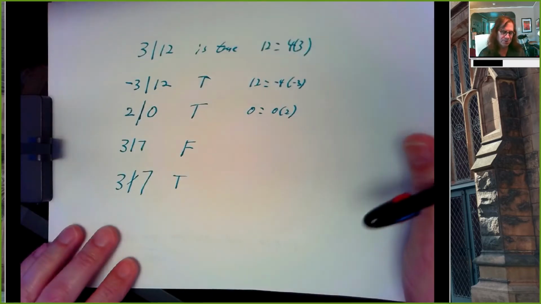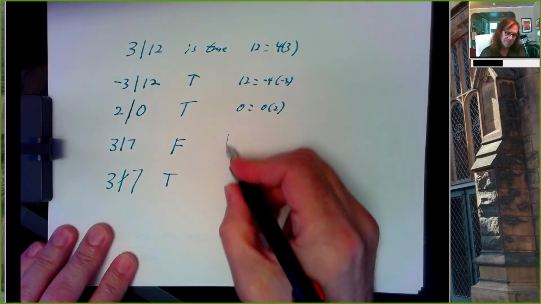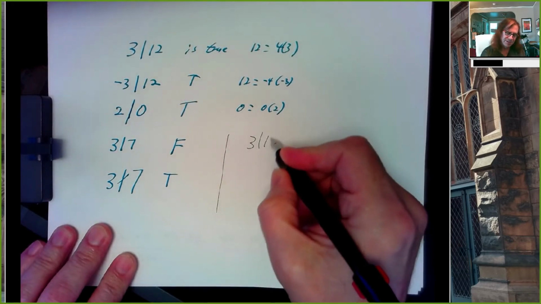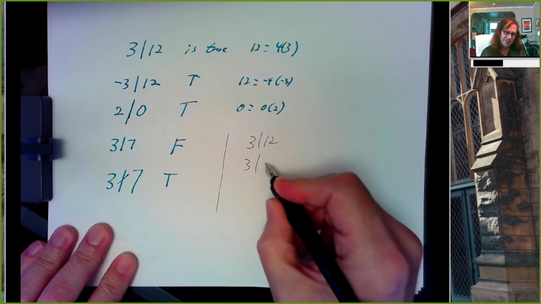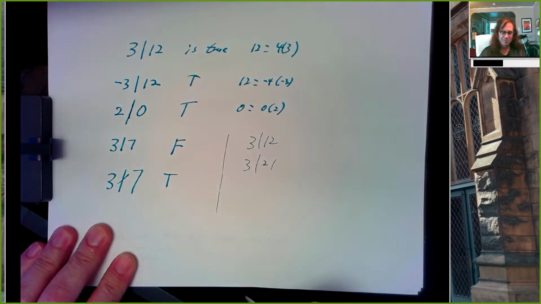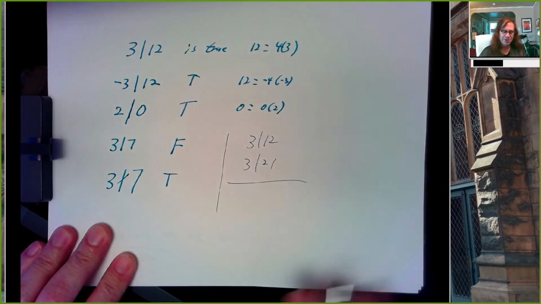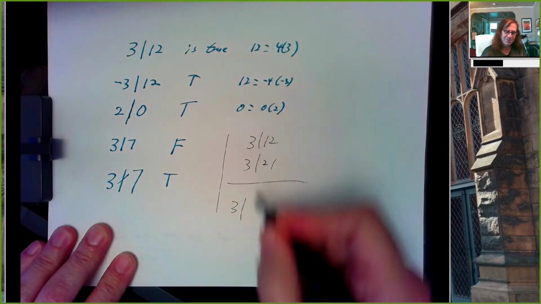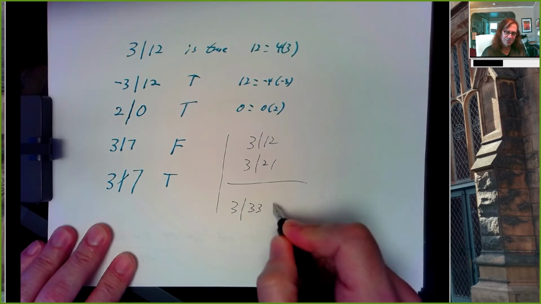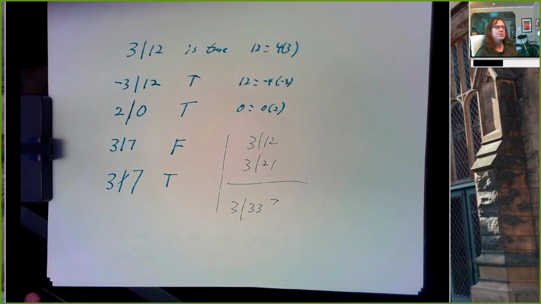Well, is it true? 3 divides 12, 3 divides 21. According to our theorem, 3 should divide 12 plus 21, which is 33. Hey, it does.